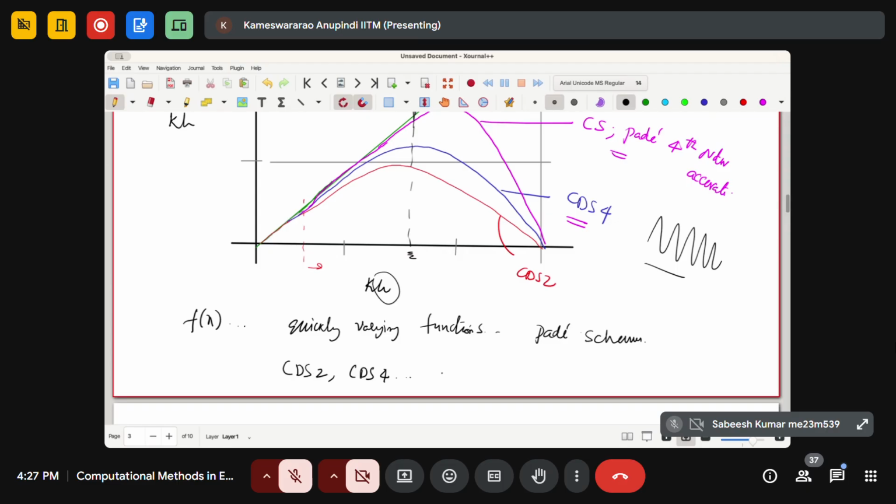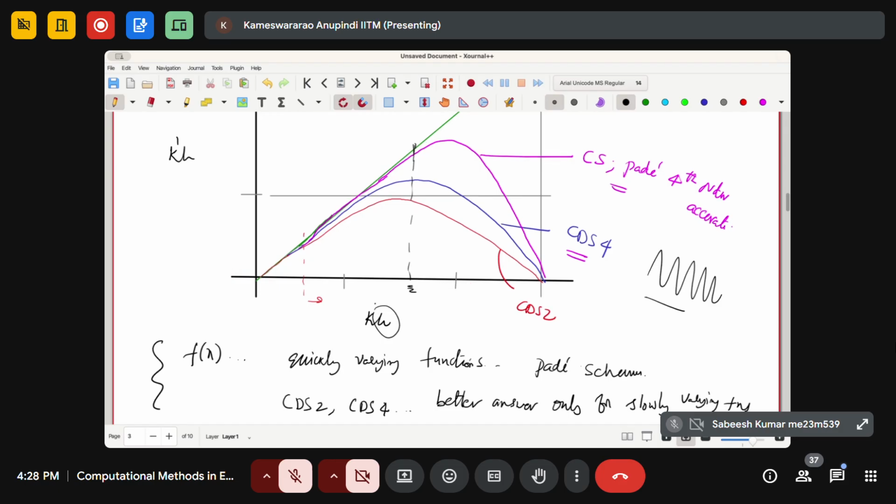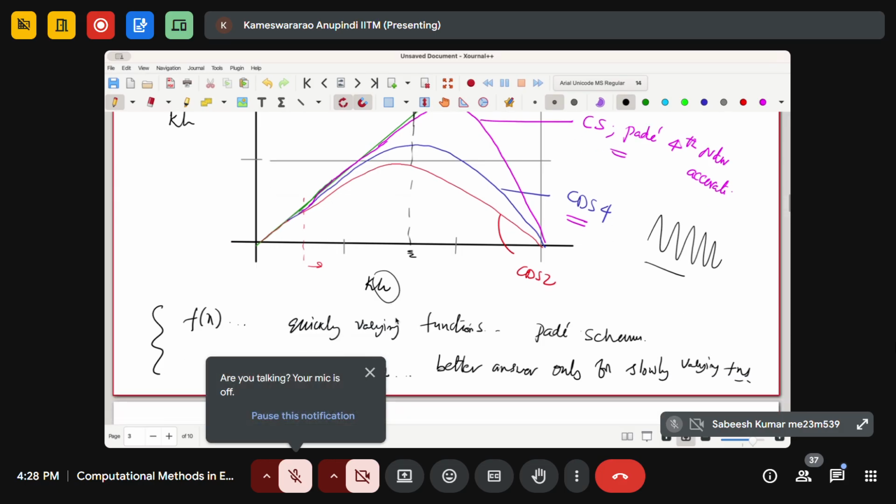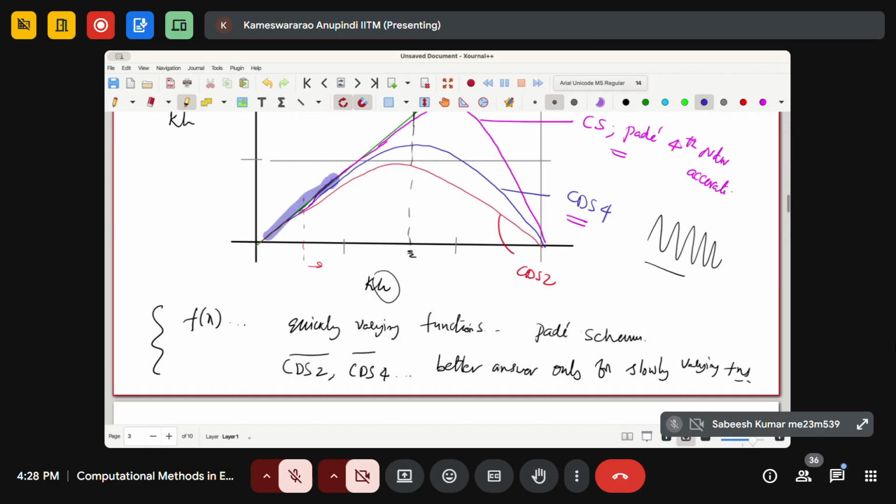Because these can only provide better or correct answers for slowly varying functions. Another way to think about it, as we were discussing yesterday, is that you need to take finer and finer meshes when you want to do it with CDS2 and CDS4, because you want to essentially reside in this region, right, where it starts deviating. You don't want to use it anymore after that.